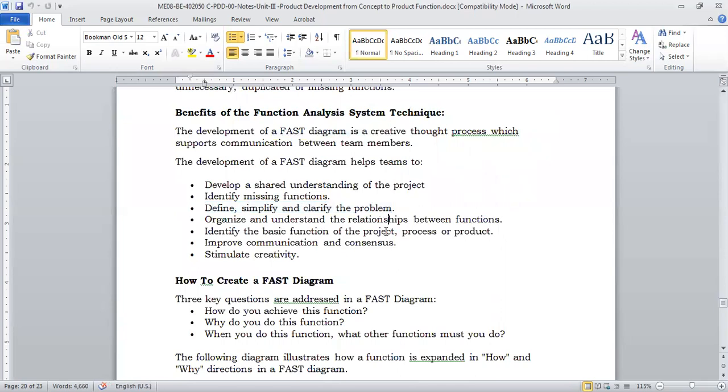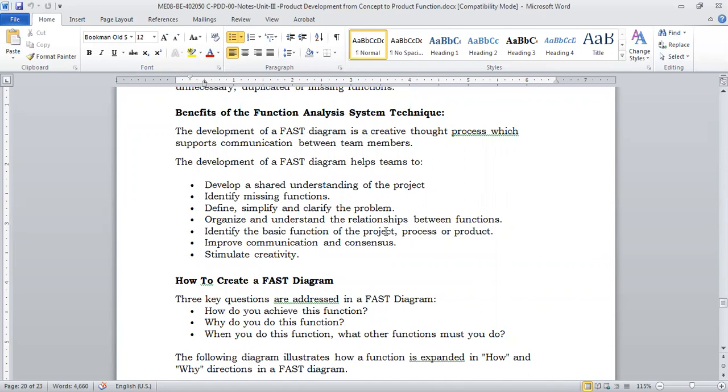Whatever problem we have on our hands, it will be easy to define it, simplify it, and clarify it. Because of the FAST representation, the different functions and problems are easy to define. Organize and understand the relationship between the functions, because the whole idea behind the FAST method is the relationship between various functions.